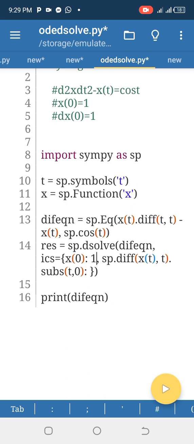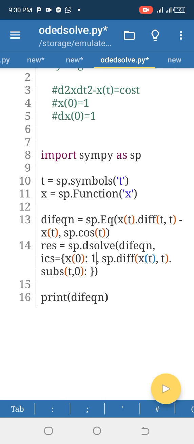Remember sp.diff. If we don't put sp.diff, then it will not be recognized. So we come and say the first derivative, of course, is going to be diff x of t with respect to t. Then we substitute when t is equal to 0.